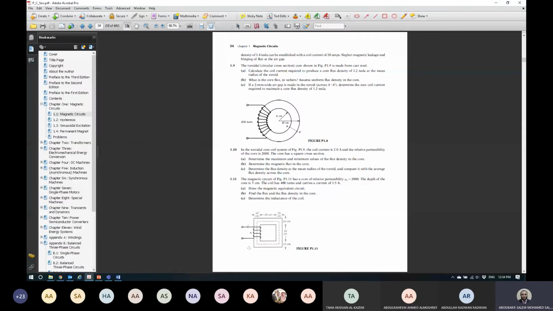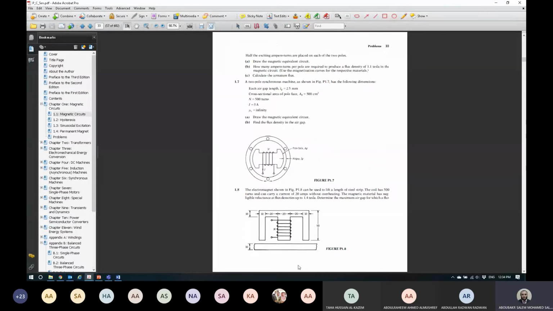Here you have a different shape. Here as well you have E shape with I shape. And as you can see here, the length of the I shape is not the same.